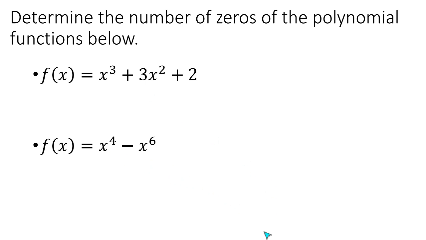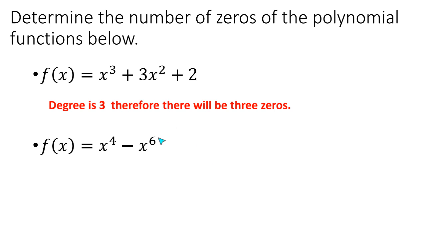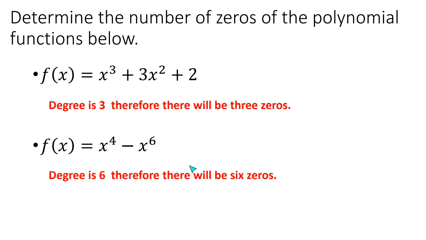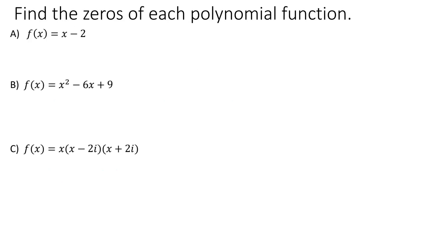If we look at the second one, the degree here is going to be 6. Even though it's not listed first, it is the highest power. So the first one, since the degree is 3, tells us that we're going to have 3 zeros. And if the degree is 6, then we're going to have a total of 6 zeros. Some of the zeros might be repeated, and that's okay.